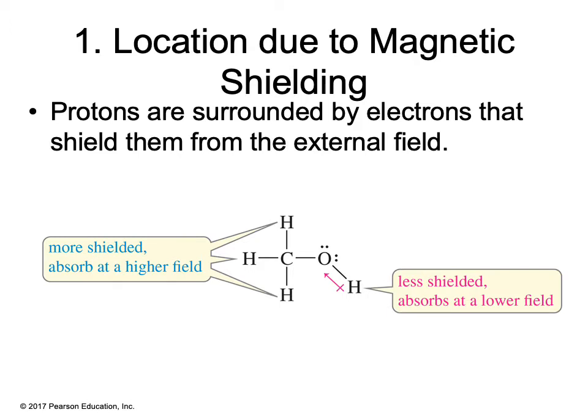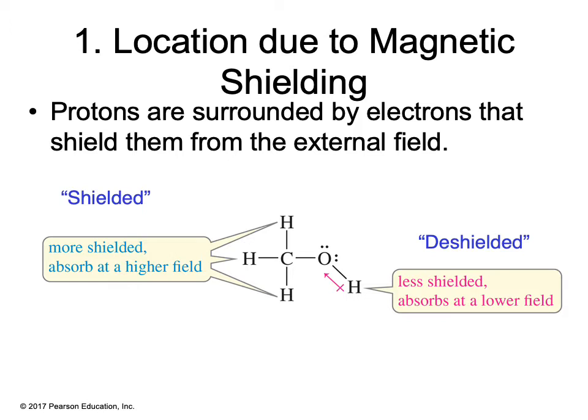Whereas the oxygen is electronegative, so we have a dipole moment shown in pink that is pulling electron density away from the hydrogen towards the oxygen. So the hydrogen that's attached to the oxygen is less shielded, or de-shielded. So we get the term shielded when there's more electron density around the hydrogens, or de-shielded when there's less electron density around the hydrogens.